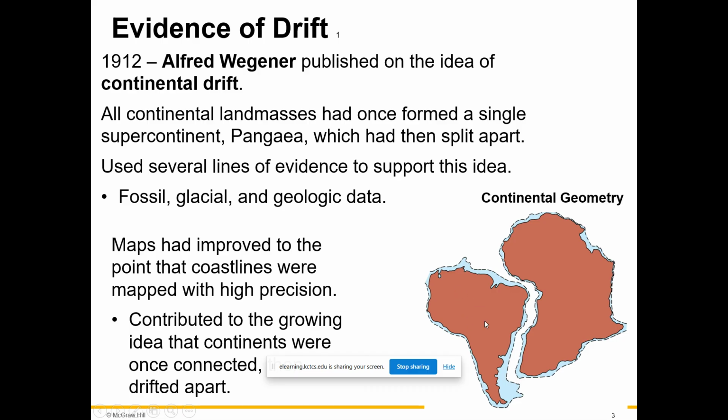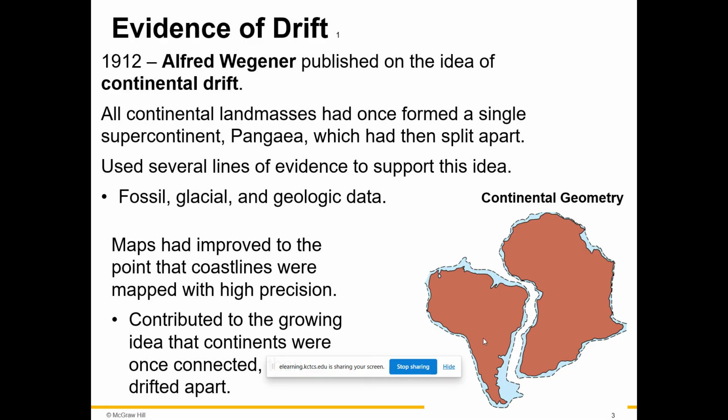So if you imagine fossils, glacial, geologic data, you had fossils that connected across. You had geologic data on some continents, mountain ranges were kind of torn apart, and a mountain range would stop and then continue on the other ones. Fossils, even tracks, you line them up and you can see tracks on one side and tracks on the other side that line up, same exact tracks from the same time and everything.